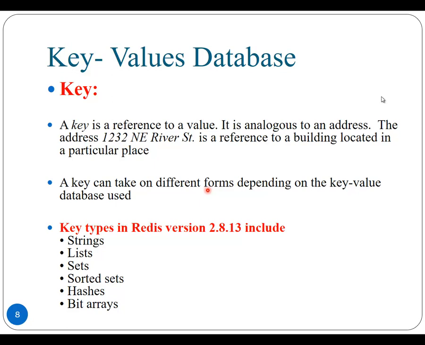For example, in the database Redis version 2.8.13, the keys could be strings, lists, sets, sorted sets, hashes, bit arrays. These are the different key types we can have in this database, Redis version 2.8.13.